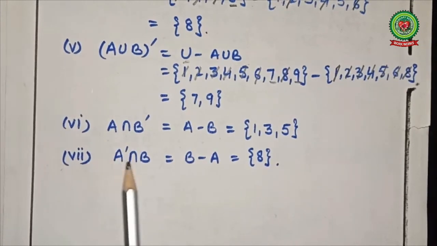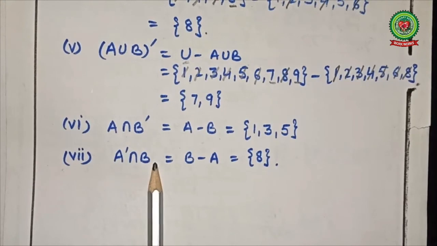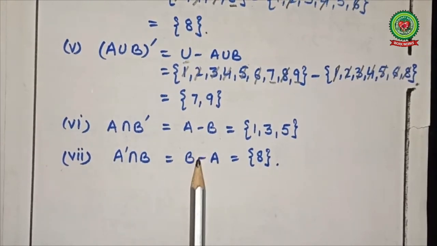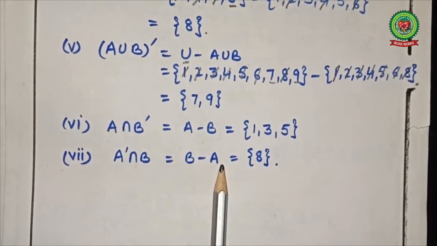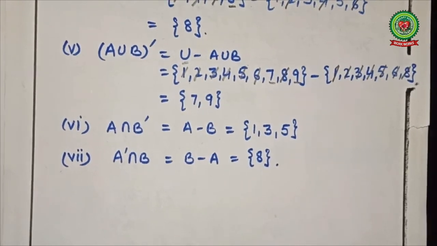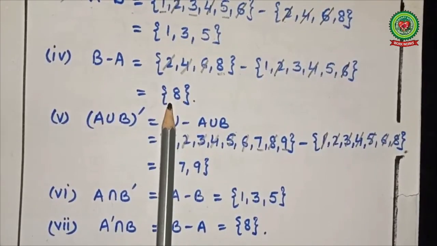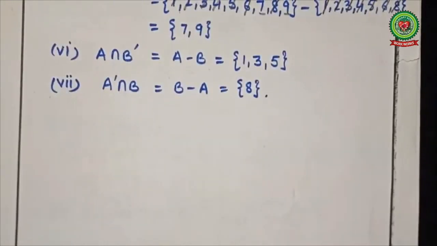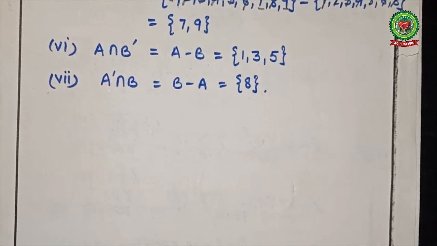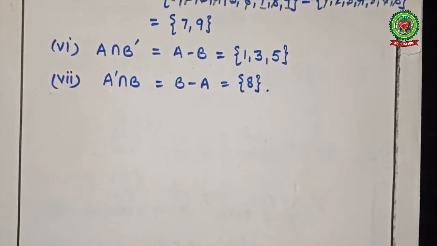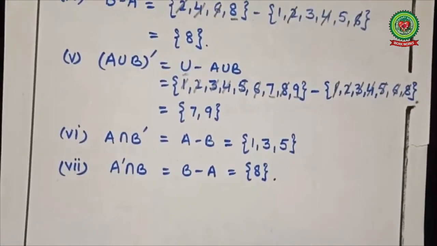Next part is A complement intersection B. So, it can be written as B minus A. And B minus A also we have done. That is only element 8. So, answer is 8. Now, in this way, we can find different sets by applying the operations on them.